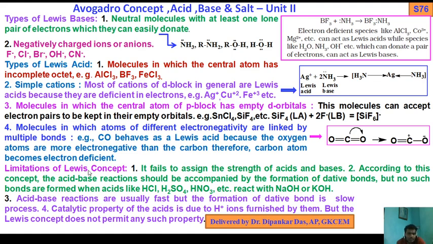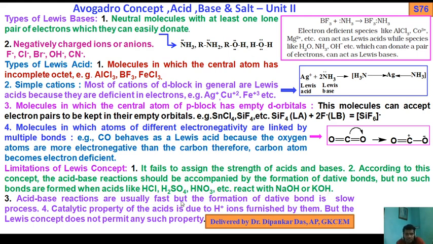Now, limitations of the Lewis concept. Number 1, it fails to assign the strength of acid and base. Number 2, according to this concept, acid-base reactions should be accompanied by the formation of dative bonds, but no such bonds are formed when acids like HCl, H2SO4, nitric acid, etc. react with NaOH and KOH.